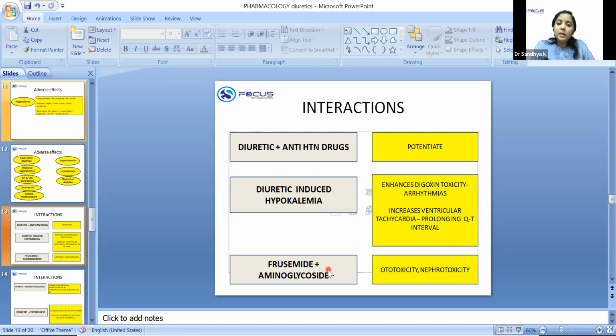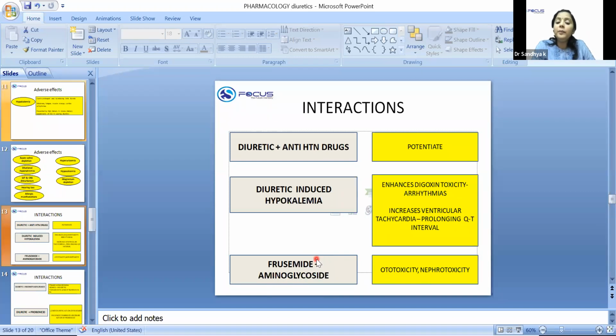Another adverse effect: do you remember from your pharmacology that aminoglycoside is an antibiotic which causes ototoxicity and nephrotoxicity? If a patient is on furosemide, we have seen in the adverse effects section that furosemide will also cause ototoxicity to a certain extent.